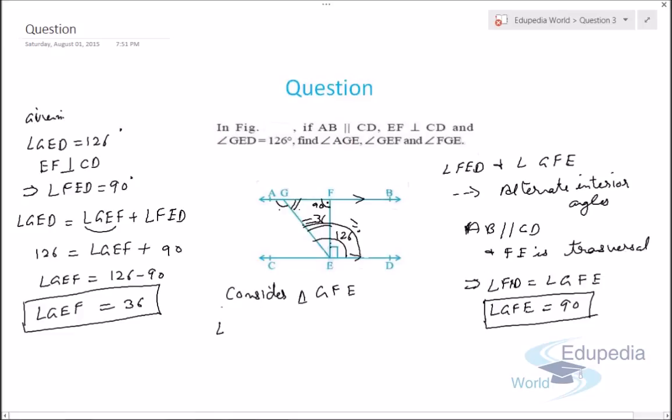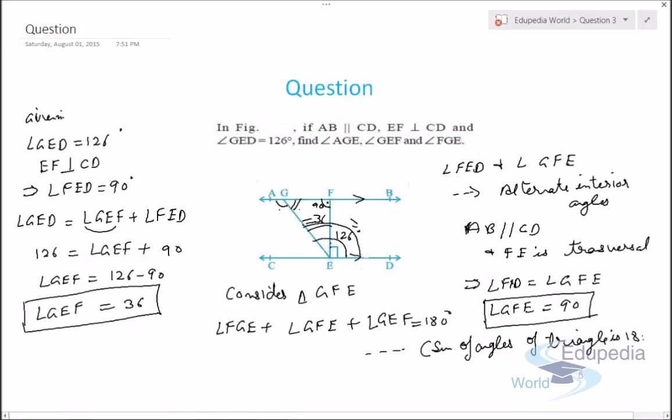The sum of angles of a triangle is 180 degrees. So angle FGE plus angle GFE plus angle GEF is 180 degrees.